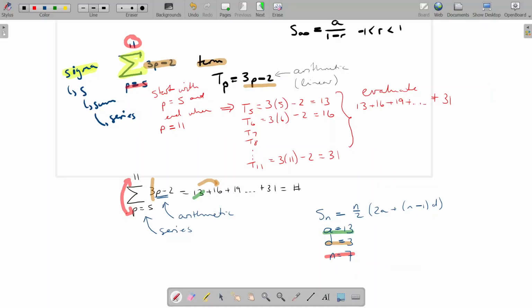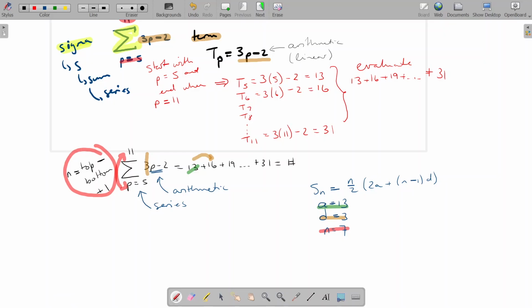But the answer is 7 here, because if I include the values as I count them, the 5th value, the 6th, 7th, 8th, 9th, 10th, 11th value, you can see that I've actually counted 7 different terms. So what we learn as a formula is that n equals top minus bottom plus 1. A useful thing to remember is that n equals top minus bottom plus 1.